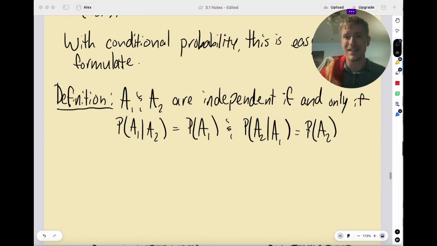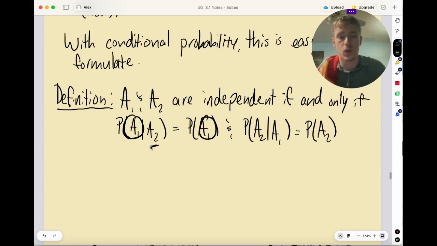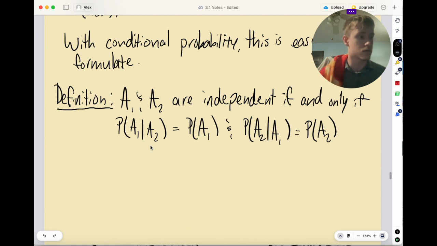What that means is the condition that A2 has occurred does not affect this probability. It's the same probability, with or without A2 occurring, and vice versa for the other event.